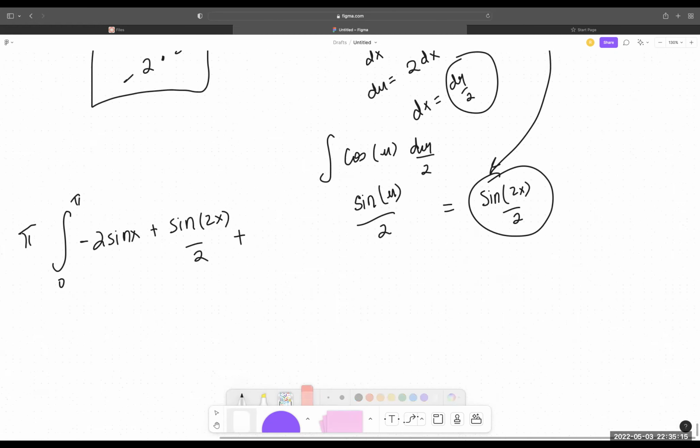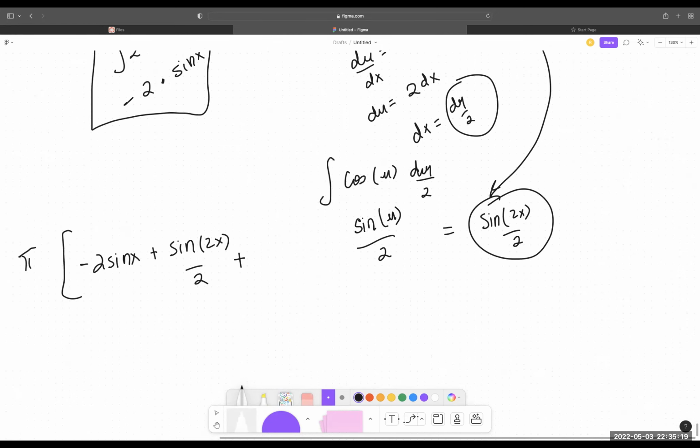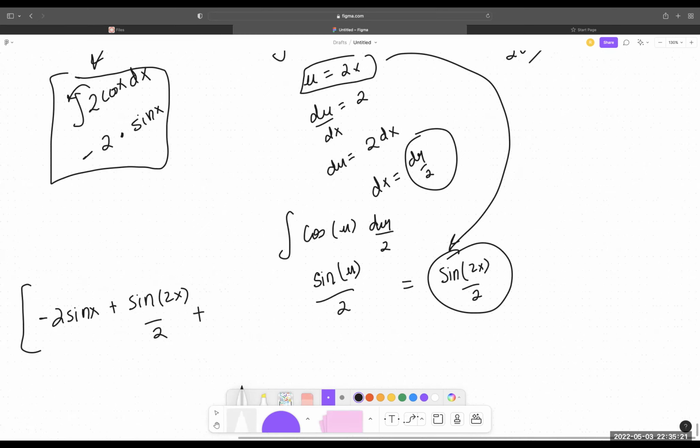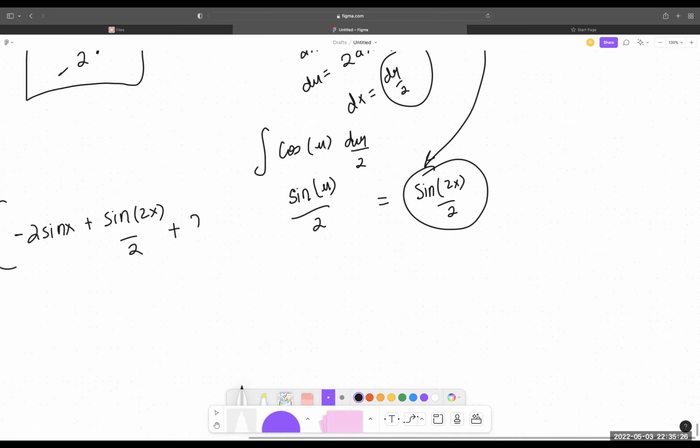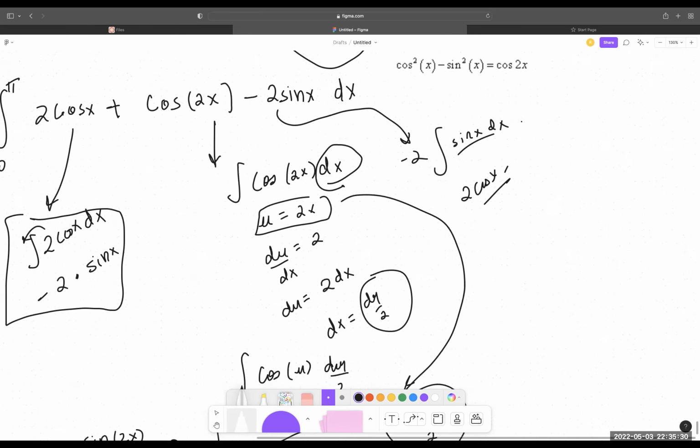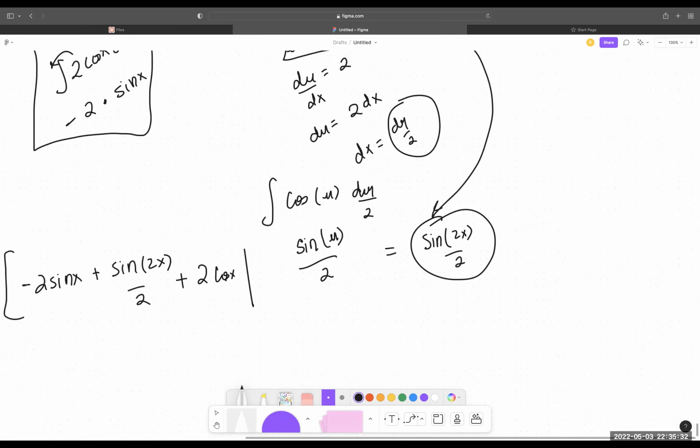This is the answer to the integral: 2 sine of x plus sine of 2x over 2, plus the last one, which is 2 cosine x, evaluated on those bounds of 0 to pi.